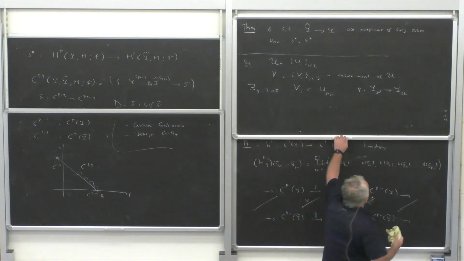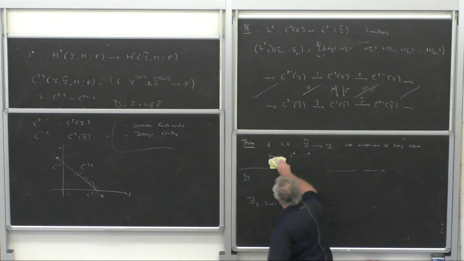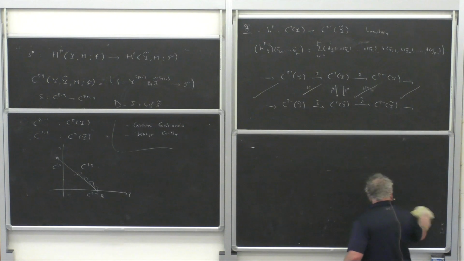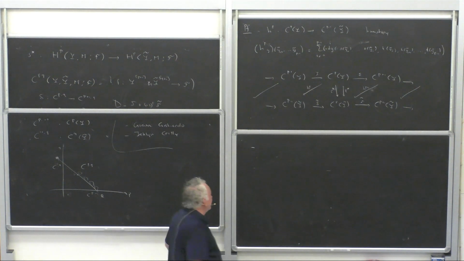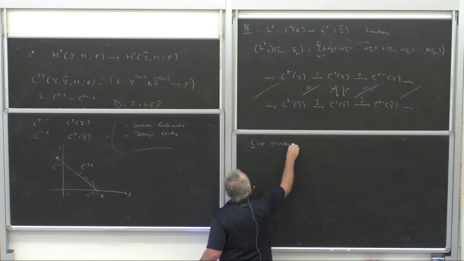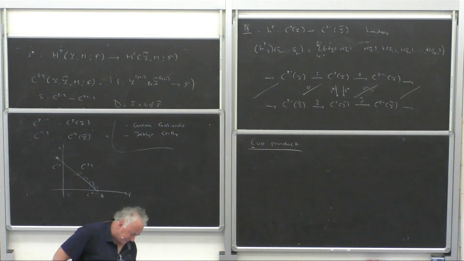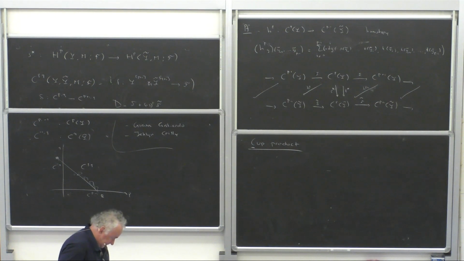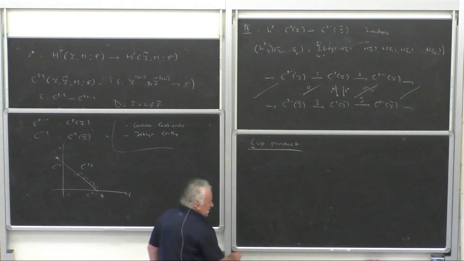I want to use some interesting structures on this cohomology. The first structure I want to introduce is a cup product. This just generalizes cup products on Čech cohomology.